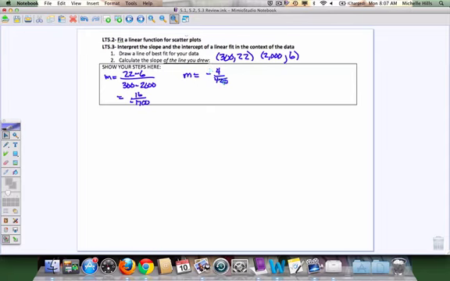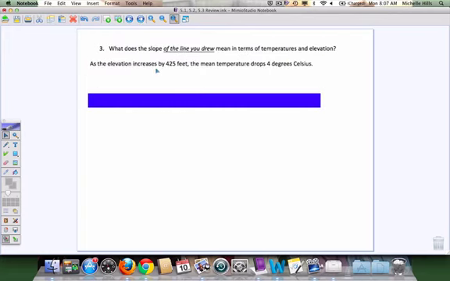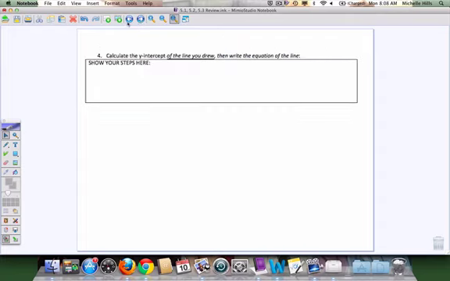So really what it's saying is for every increase of 425 feet of elevation, the mean temperature goes down by 4 degrees Celsius. So as elevation increases by 425 feet, the mean temperature drops 4 degrees Celsius. Or you could say, as elevation decreases by 425 feet, the mean temperature rises 4 degrees Celsius. Either one would be fine.